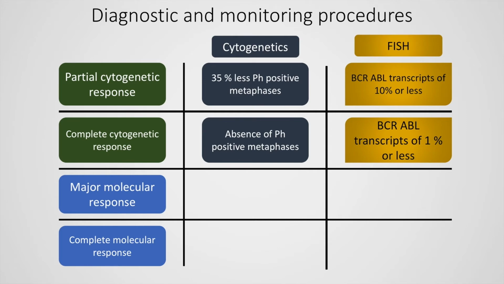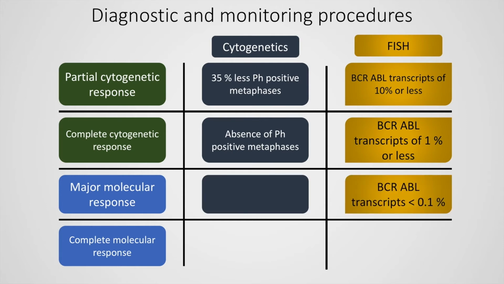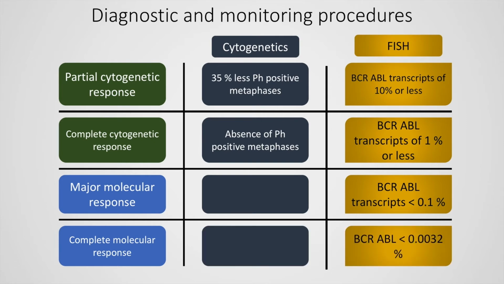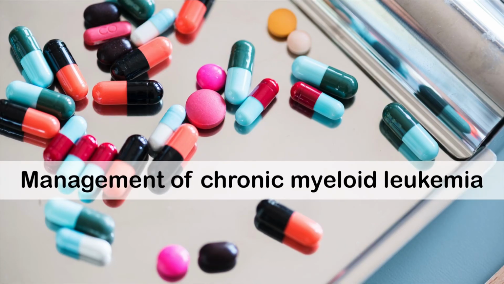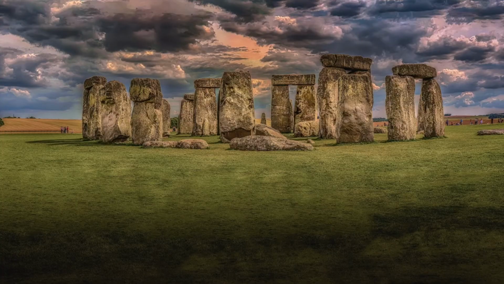A major molecular response cannot be studied using cytogenetics and is defined as a BCR-ABL transcript of less than 0.1%. A complete molecular response is defined as a BCR-ABL transcript of less than 0.0032%.